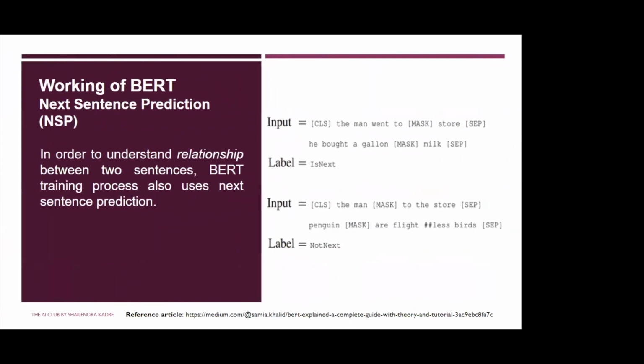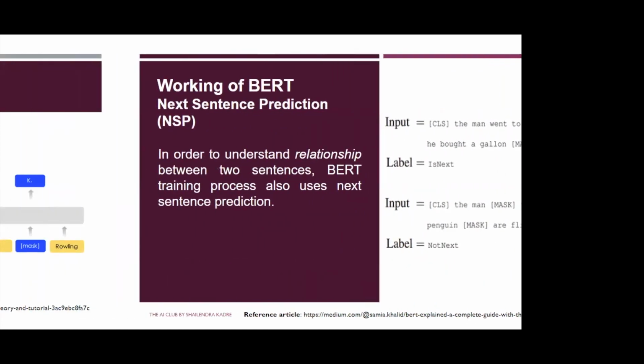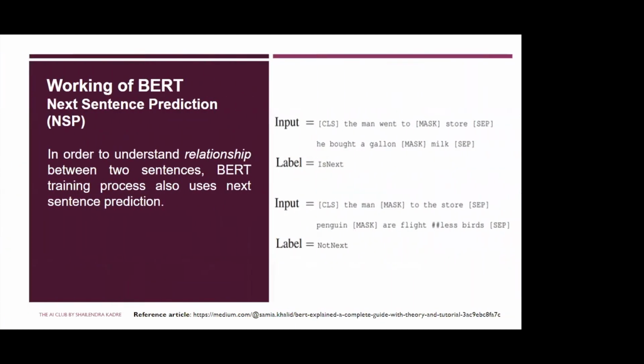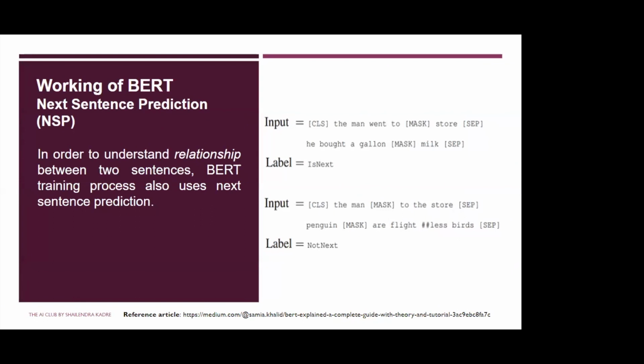So moving forward, once this masked token prediction is one of the processes, another process that takes place within BERT is next sentence prediction. So consider here we have the sentence: The man went to some store and he bought a gallon of milk.